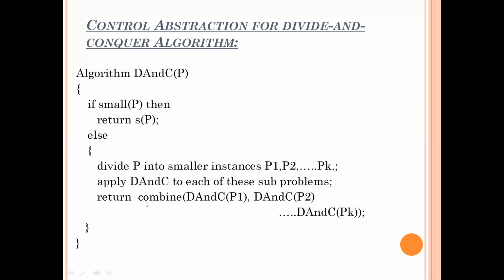So we return combine of DAndC of P1, DAndC of P2, and so on. If a subproblem is small, you get the solution directly; if not, it will be divided again. Once the recursion process completes, you will get the solution for your final problem P. This is how the general method works for the divide and conquer strategy.